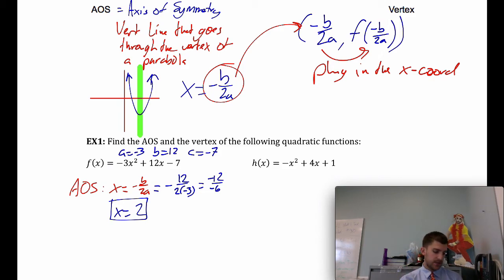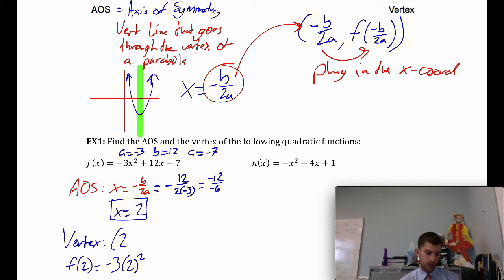To find the vertex, the x coordinate we already have. It's 2. To find the y coordinate, we're going to plug that in. We're going to do f of 2. So we'll do negative 3 times 2 squared plus 12 times 2 minus 7.